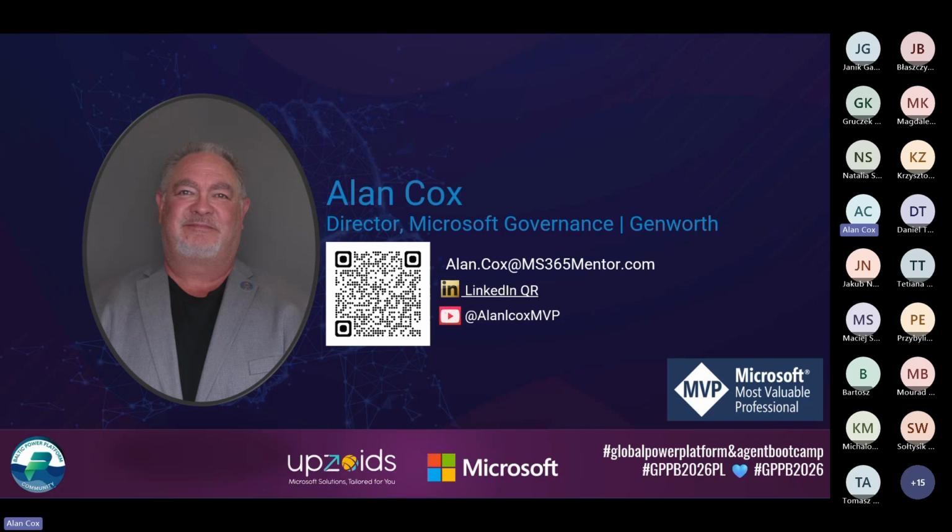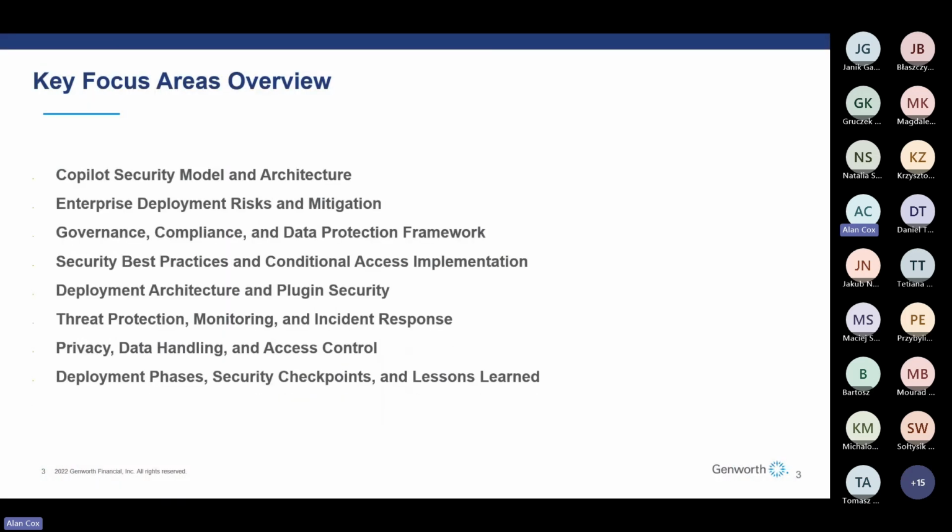So we'll jump right in and talk about what we're going to cover. We're going to go back up a little bit and talk about some of the security models, the architecture that Copilot uses, some enterprise deployment risk, how we can mitigate some of that, some governance, compliance, data protection framework, and security best practices, some deployment architecture. We'll get into a little bit of plugin security.